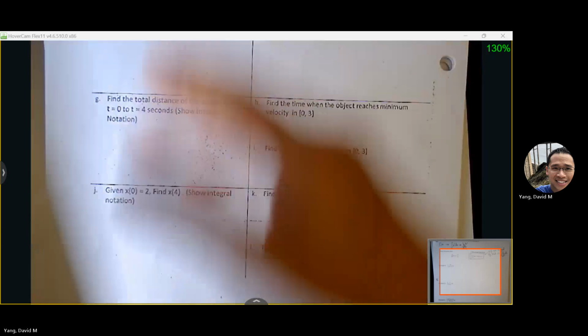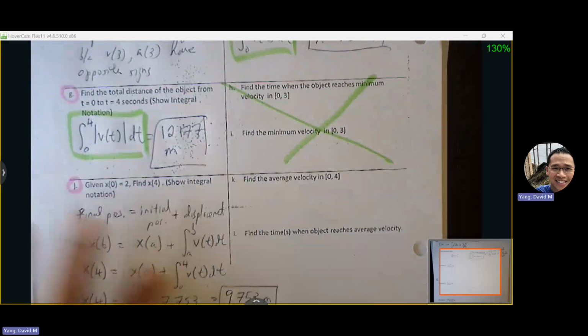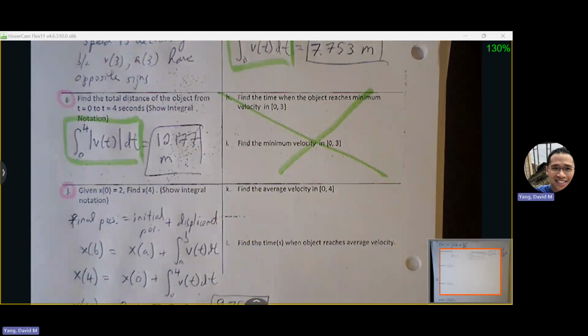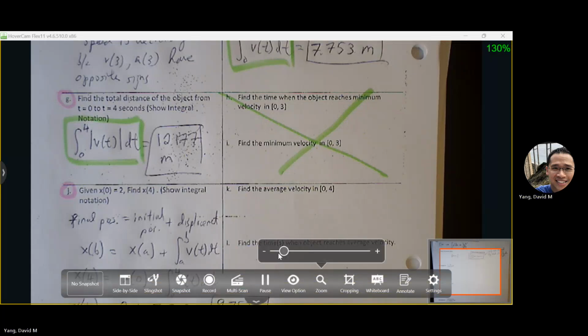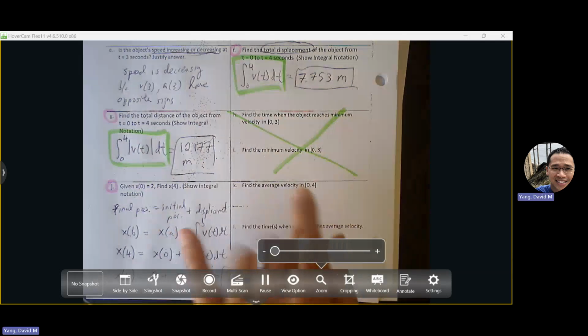We got through most of page 6. But again, I want to highlight how similar F, G, and J are.